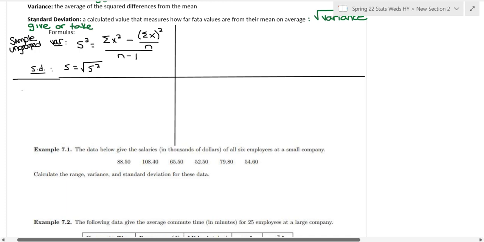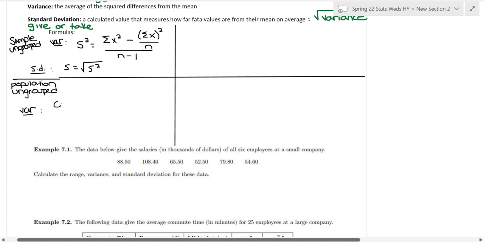Okay, now if we're looking at a population, the calculation is slightly different. So you have to look at whether you're doing a population or a sample. So this is going to be a population ungrouped. Now population uses Greek letters. So for our variance here, we're going to use sigma, which is a lowercase s.